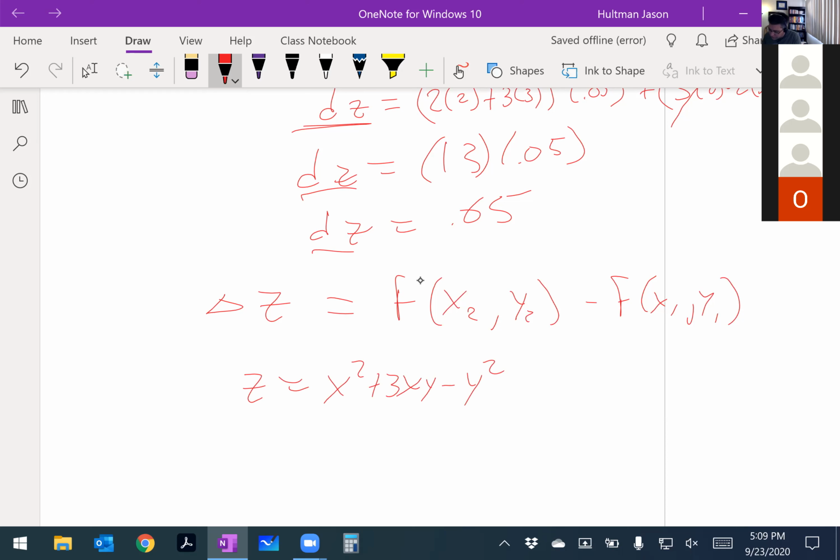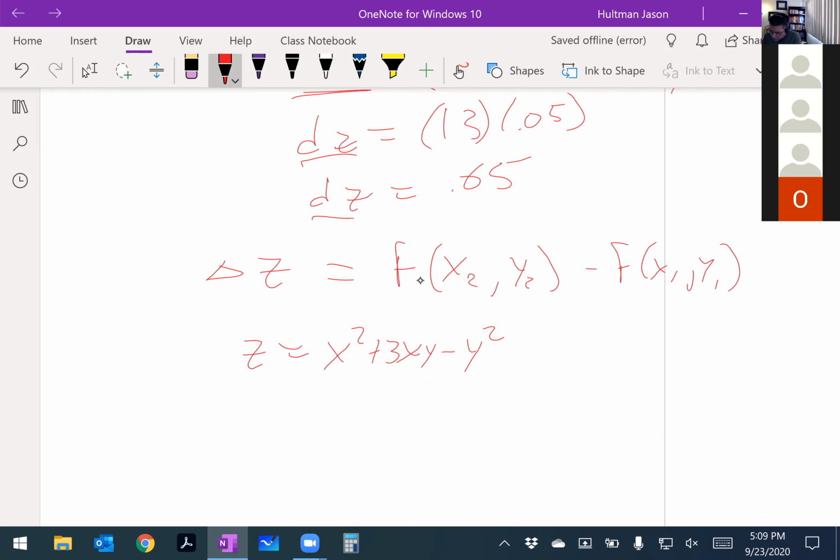And if I want to find out what f of 2, 3 is, I would have to go 2 squared plus 3 times 2 times 3 minus 3 squared, which might not be such a problem because that comes out to be 13.